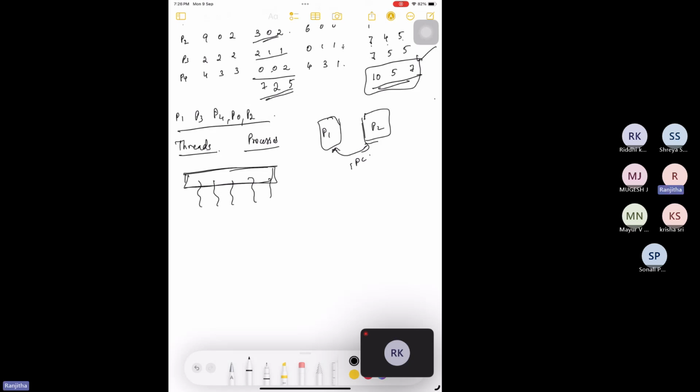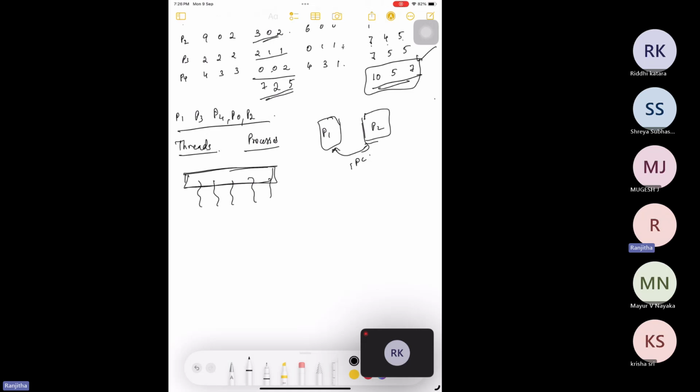They don't have anything common. It's completely isolated. Whereas threads have their data segment and code in common. Whereas stack and registers are separate. But the data segment and code segment are shared across the threads. And threads have something called a thread ID, like how processes have a process ID.